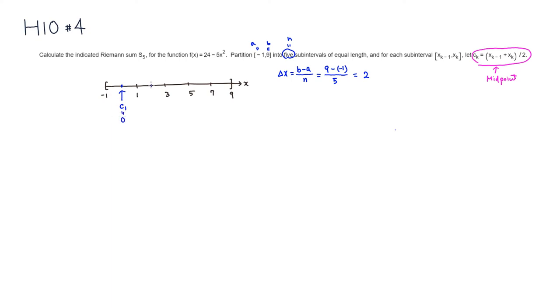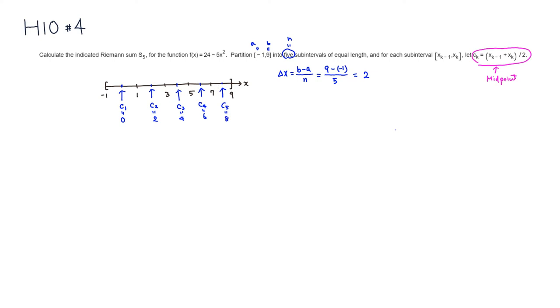Here, this is C2, which is equal to 2. Here, this is C3, that's 4. And here C4, that's 6. And here is C5, and that's 8. So those are the sample points.